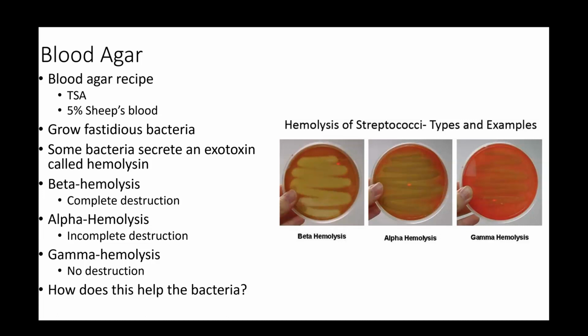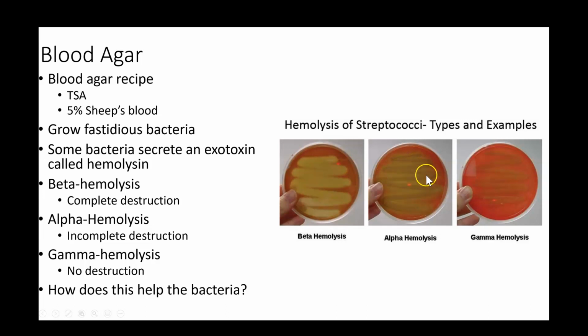Now, on the other hand, we have alpha hemolysis, which is carried out by alpha hemolysin. This is partial, or incomplete, destruction of the red blood cells. What we see here is a kind of greenish olive halo around the bacterial growth. This isn't the best picture, but there's substantial growth here, and you see there's a halo around it. So there's definitely bacteria on this.